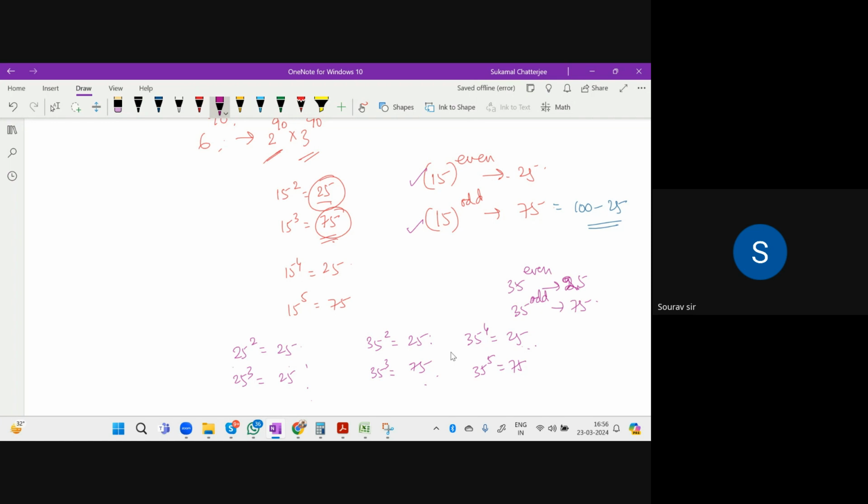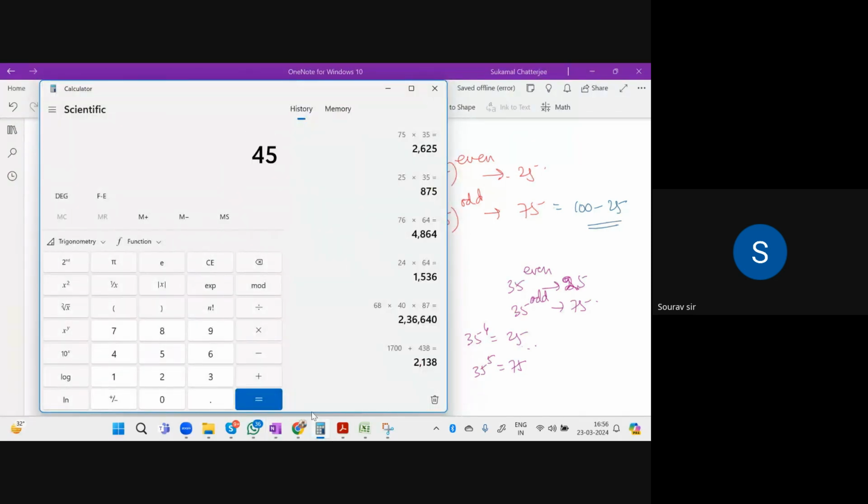If I have an even number before 5, then it will always end in 25. Look at 45. 45 square, 25 into 45, 25.